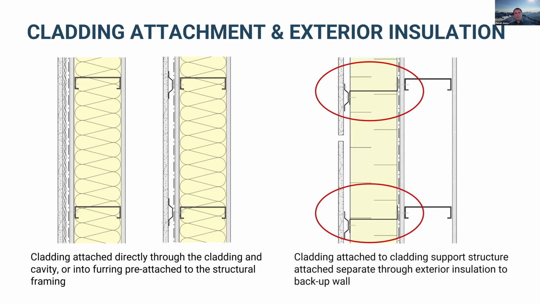Once you start adding exterior insulation, though, then you typically need something structural that spans through that insulation. This is quite common on commercial buildings to have continuous insulation requirements here. It depends on the climate zone, but in most climates, this is a requirement now.